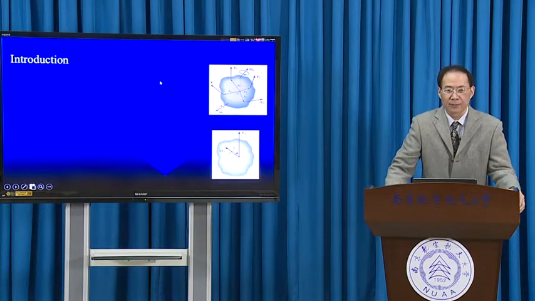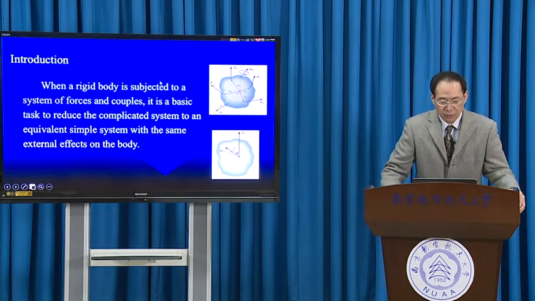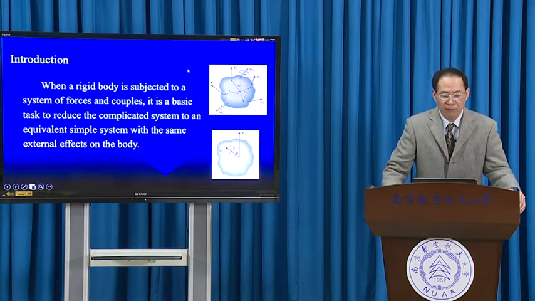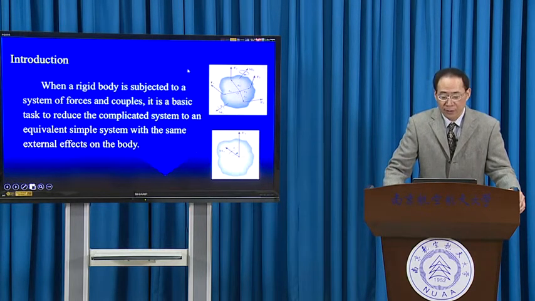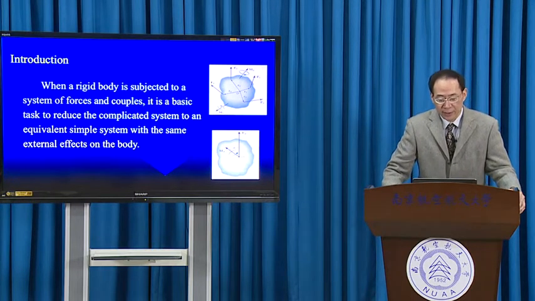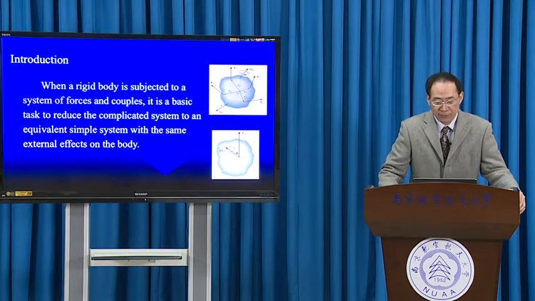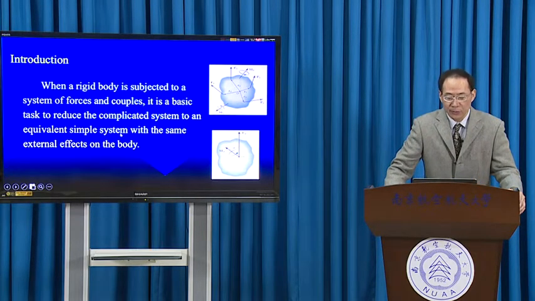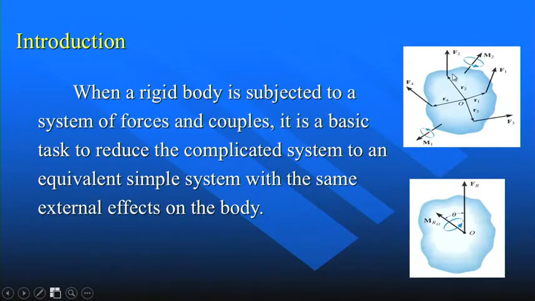Introduction. When a rigid body is subjected to a system of forces and couples, its basic task is to reduce the complicated system to an equivalent simple system with the same external effects on the body. There are two diagrams.